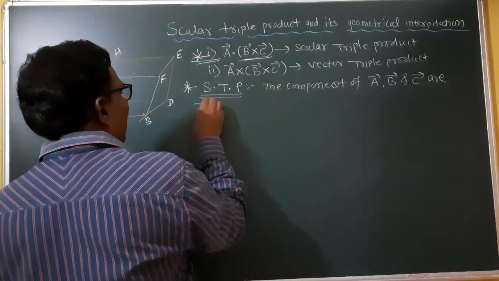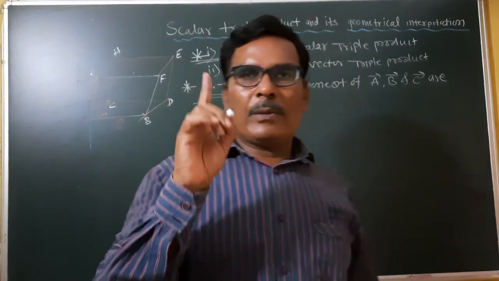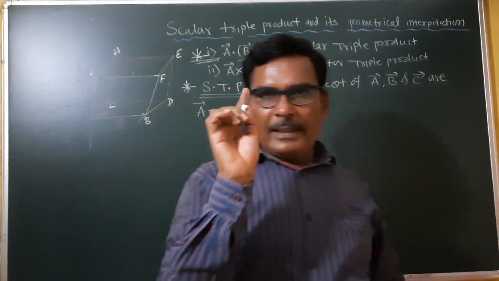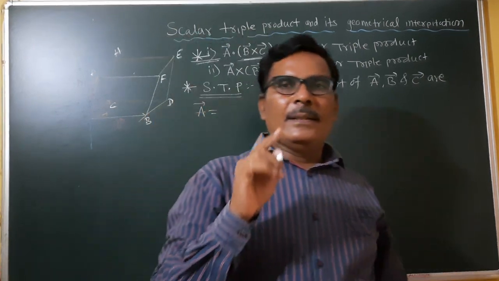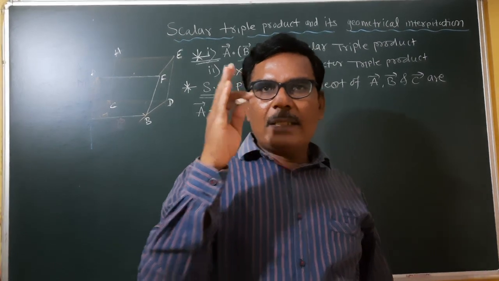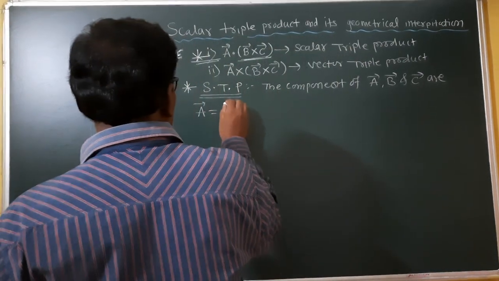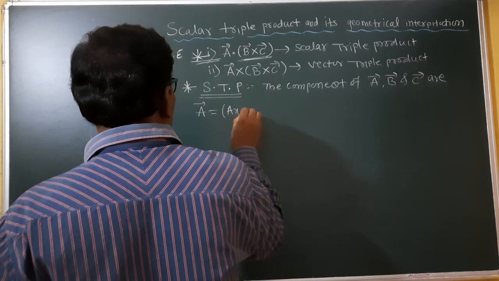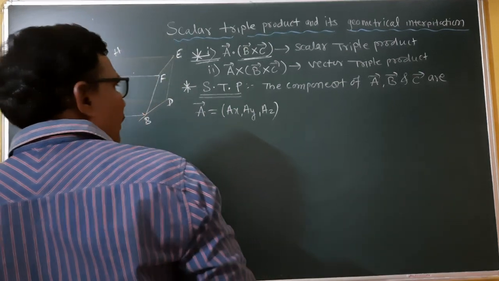A bar can be expressed as AX into I cap plus AY into J cap plus AZ into K cap. This is the representation of a vector, and here AX, AY, AZ are the components of A.